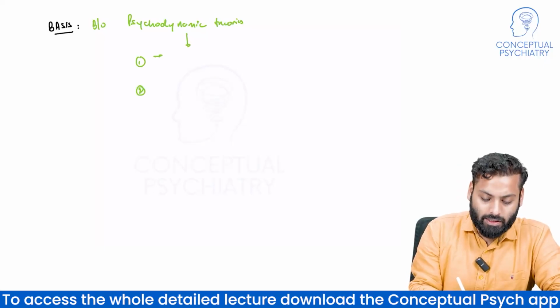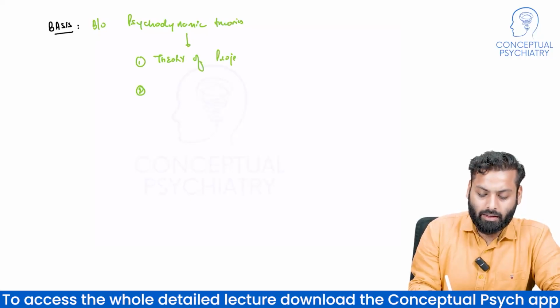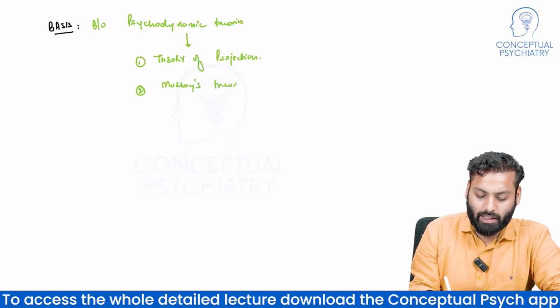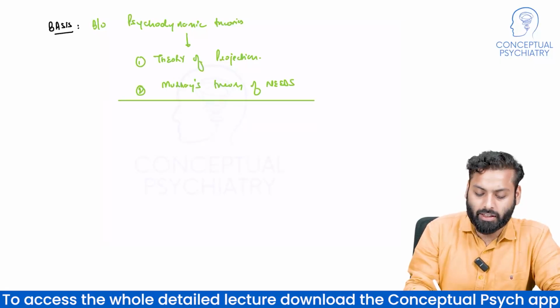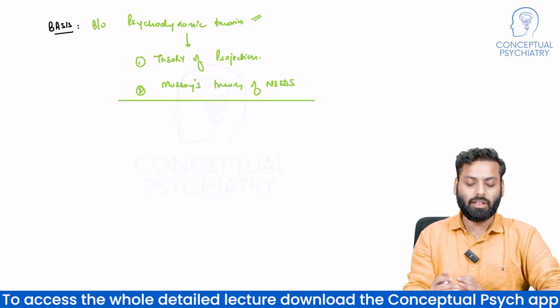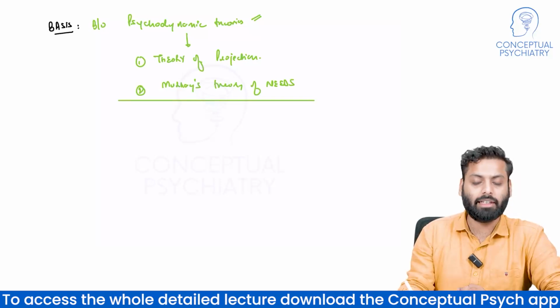First is theory of projection. Only the name is enough. Then Murray's theory of needs. Only the name is enough. So basically, these are the two theories on which it is based.